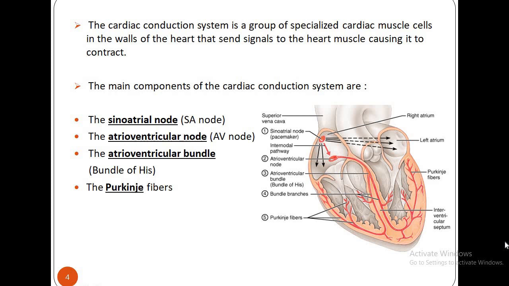This group of fibers is the only conduction pathway between the atria and the ventricles. Upon completion of impulse transmission through the Purkinje fibers, the ventricles will fully depolarize and then contract simultaneously.